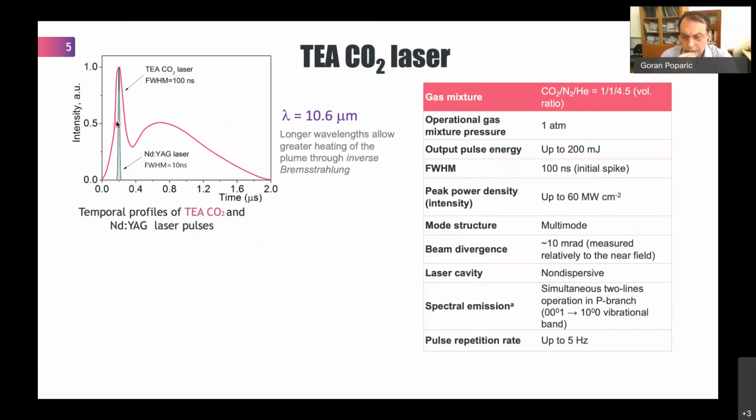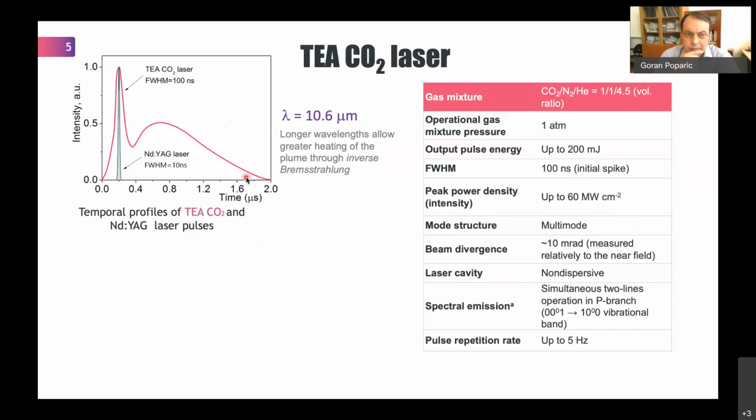You can see here that the neodymium YAG laser pulse lasts about 10 nanoseconds, while our carbon dioxide laser pulse consists of an initial peak that lasts about 100 nanoseconds, followed by a long-lasting tail that lasts about 2 microseconds. So this longer wavelength allows us greater heating of the plasma plume through inverse Bremsstrahlung, while this long-lasting tail provides additional heating of the plasma and an increase of the excitation.